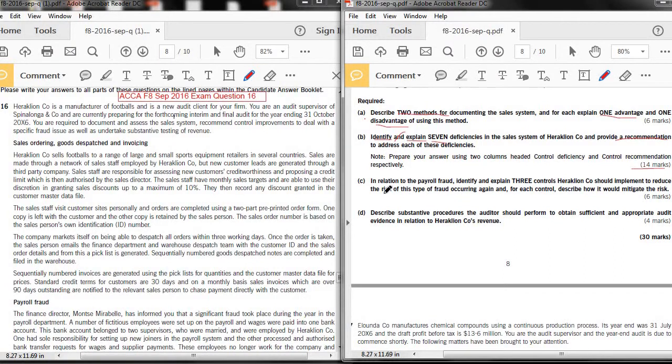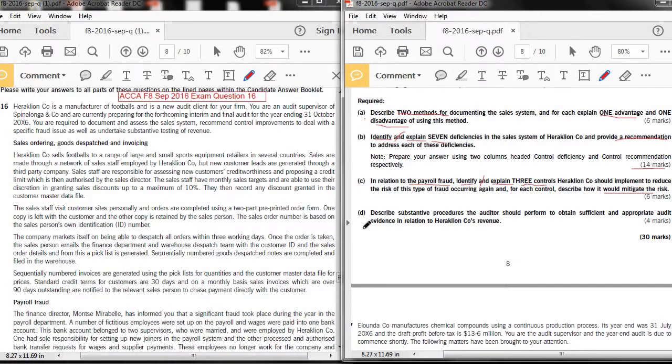Part C. In relation to the payroll fraud, so this means there will be some fraud in the scenario. Identify and explain. Again, identify and explain 3 controls Heraklion should implement to reduce the risk of this type of fraud occurring again, and describe how it would mitigate the risk. So this is also a 6-mark question. You have to explain 3 controls and how it will reduce the risk.